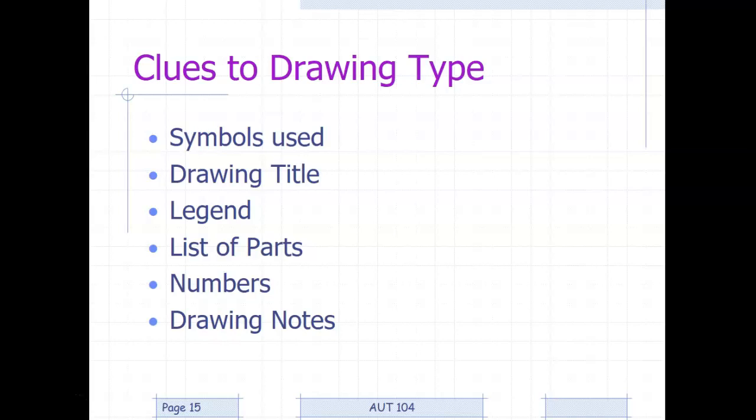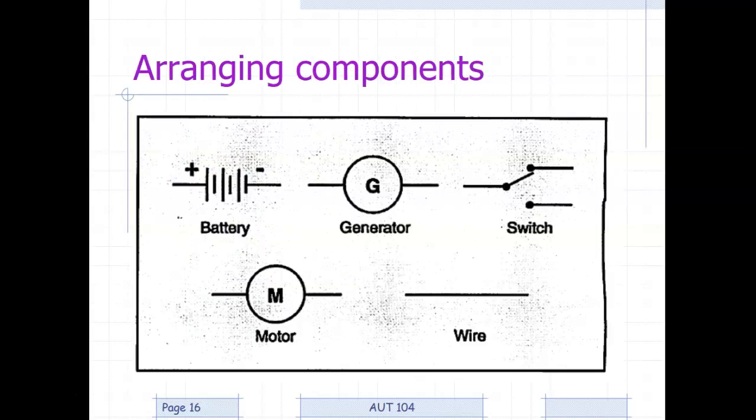Switches? Looking for numbers and drawing notes are a big thing. Symbols used, those three are the last ones you go to. Most of the time, there is something in the drawing title that will tell you what it is. Why? Because it makes it so much easier, and then the engineer doesn't get fussed at if you don't know the truth.